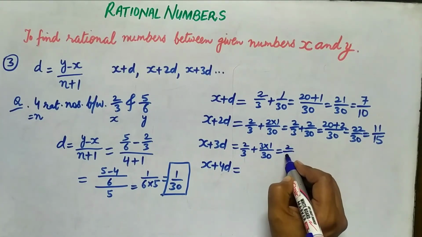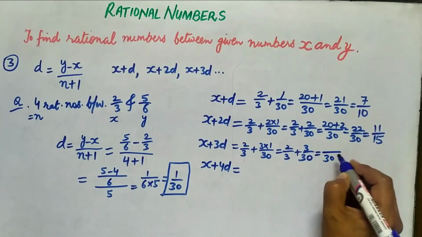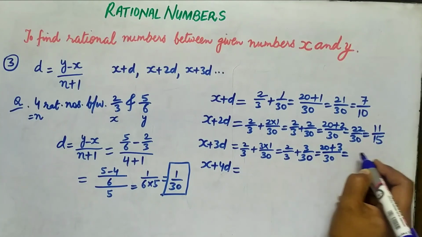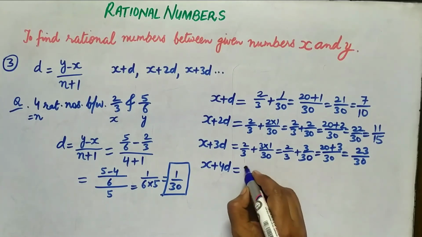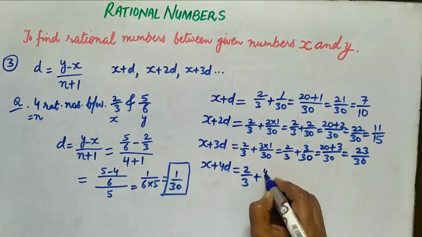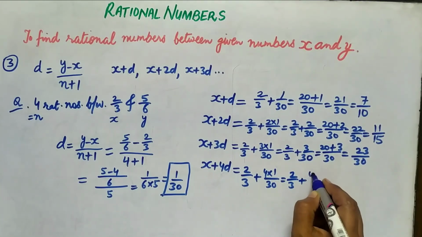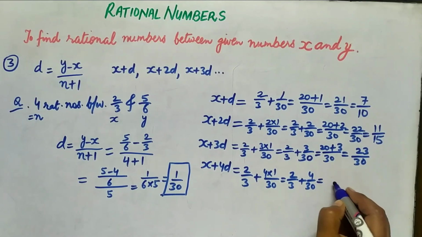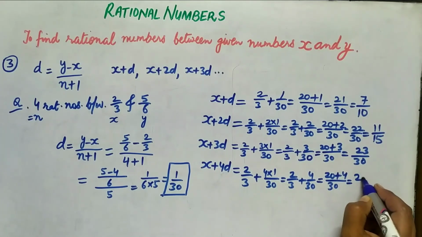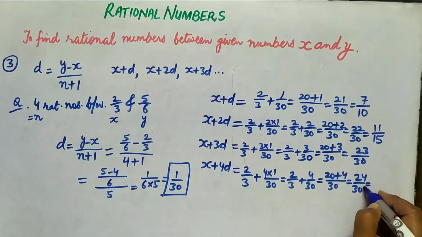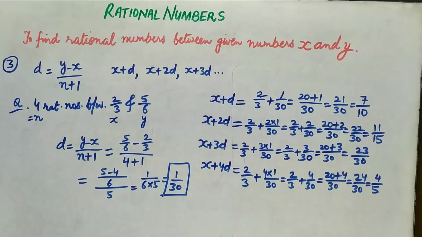Once we have found d, after that calculation work is left, and that is quite easy. It is now 23 by 30. And finally the fourth number, 2 by 3 plus 4 into 1 by 30. It is 2 by 3 plus 4 by 30 is equal to LCM, 20 plus 4, 24 by 30, or it is 4 by 5 for the table of 6.